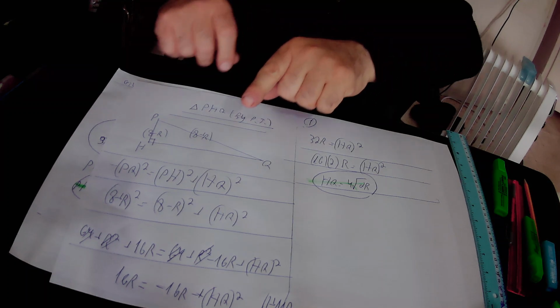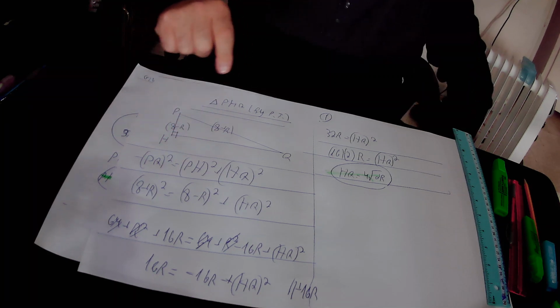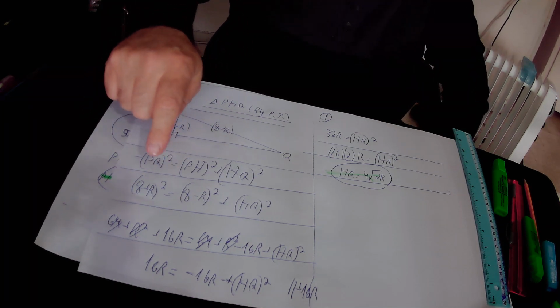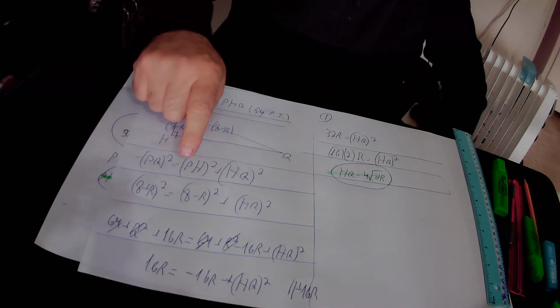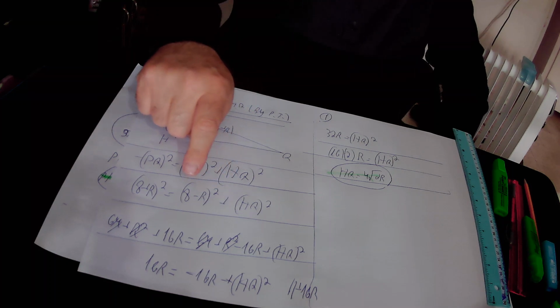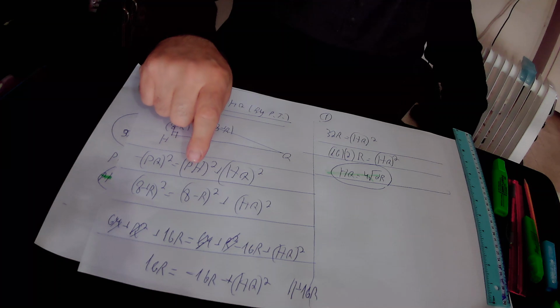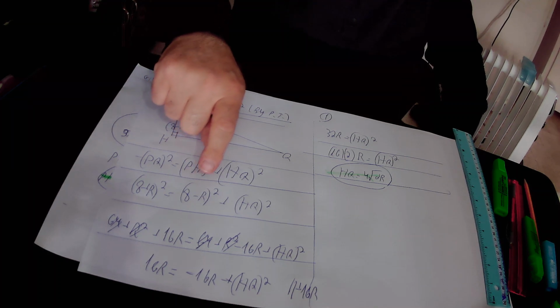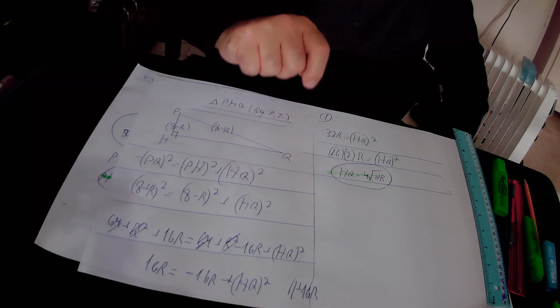We open the brackets on both sides of this equation and find that (8 plus R) square equals 8 squared, that is 64, plus R square, plus 2 times 8 times R, so plus 16R. And it equals (8 minus R) square, which is 8 squared, 64, plus R square, minus 2 times 8 times R, so minus 16R, plus HQ square.